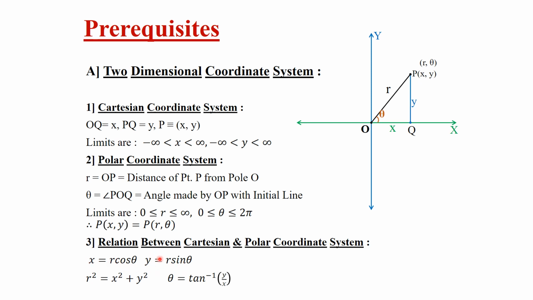If we square both terms and add, we get x square plus y square equal to r square cos square theta plus r square sin square theta, and as cos square theta plus sin square theta equals 1, the relation comes out as r square equal to x square plus y square, and theta equal to tan inverse y by x. So the relation between the Cartesian and polar systems is x equal to r cos theta, y equal to r sin theta, which gives r square equal to x square plus y square and theta as tan inverse y by x.